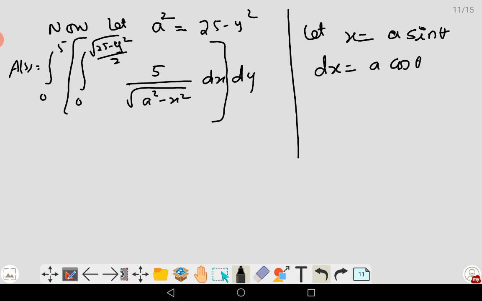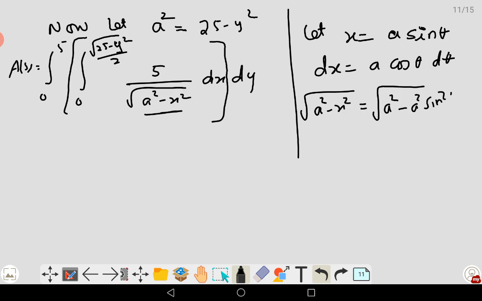Therefore dx will be a cosine theta d theta. Now the denominator will be under square root: a square minus x square is a square minus a square sin square theta, which is a square times 1 minus sin square, so a outside and 1 minus sin square will be cosine. So this will be a cosine theta.